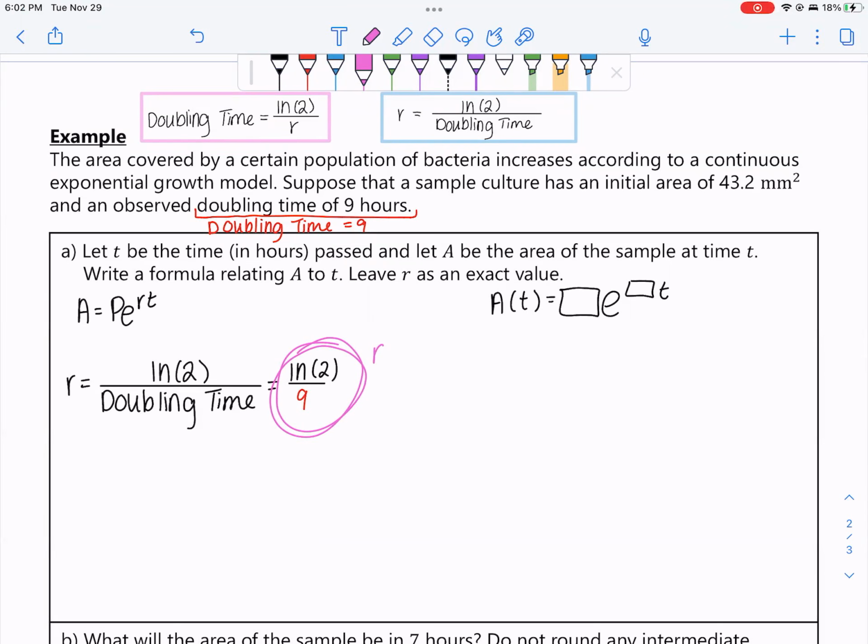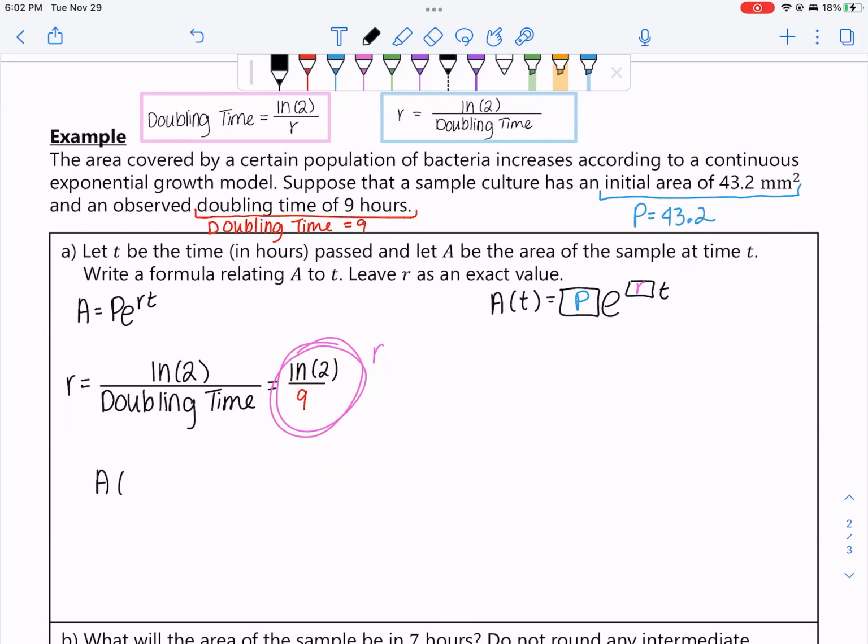P is what we need now. P is the initial population. In this problem, it's not population, but area, but the same idea. Initial area, initial whatever. P is 43.2. So we have P, we have R, we have everything we need to fill in this formula to relate the area at time t to the variable t.